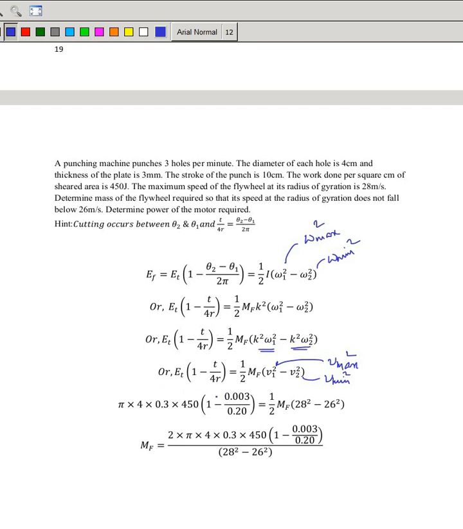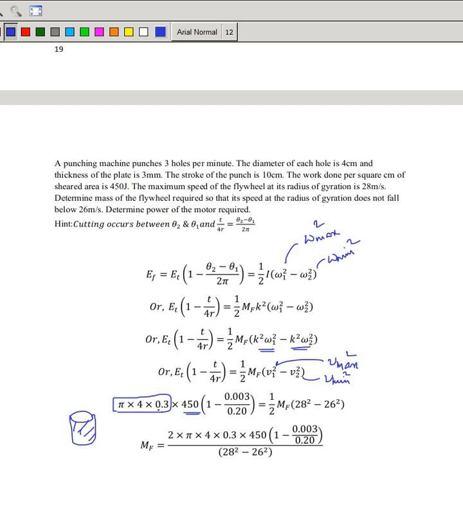Now you just put the values. Et is the area of shear, the cylindrical surface of a cylinder, which is pi d into t into 450, because this is per square centimeter.